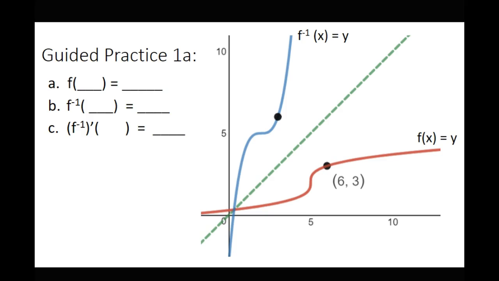All right, Angelina Yanez, are you ready? What do you put in here? 6. And 3, right? Good. So that's our first one. Okay, think about the next one, part B. I want to know what goes here.